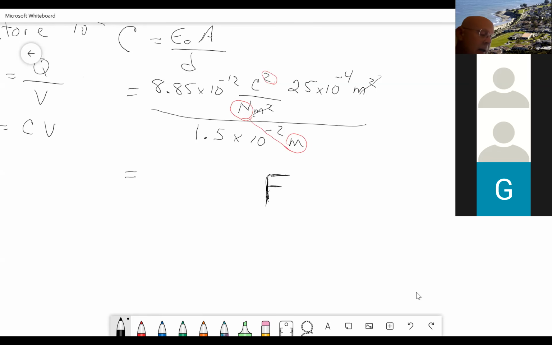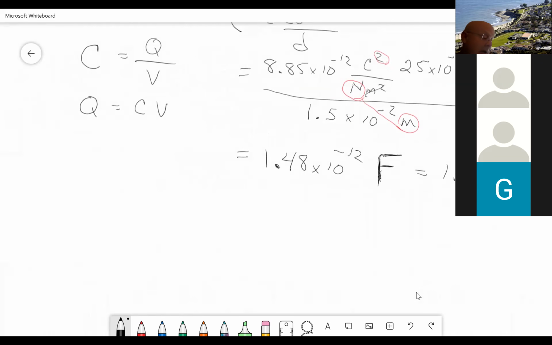I get 1.48, rounded, times 10 to the negative 12 farads. I suppose we could even write that as 1.48 picofarads. So that's the capacitance, and that's before we submerge it into this distilled water.